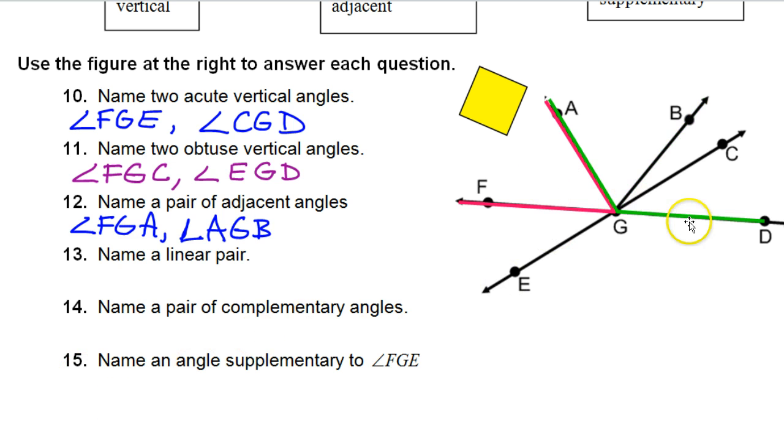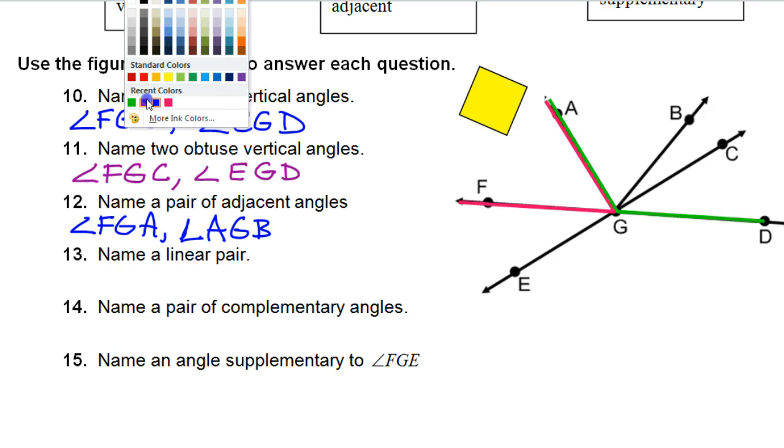All right, again, there are many examples of linear pairs. So this is going to be a great assignment for me to see who the copiers are. Because if you have my answer for number 12 and my answer for number 13, the chances of just accidentally picking the exact two angles that I picked both times are astronomical.